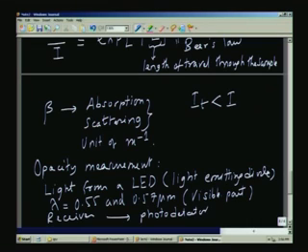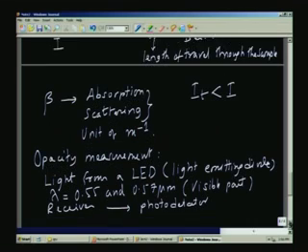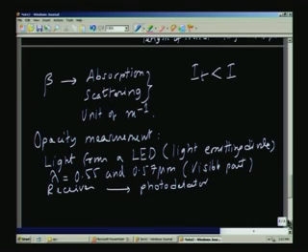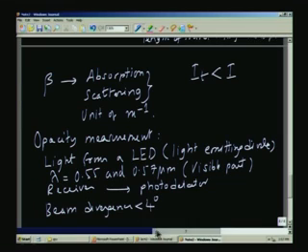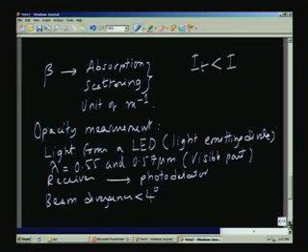And what will happen to the beam is, the beam is a collimated beam with a beam divergence of less than 4 degrees. That is the specification for the one which I showed in the photograph.